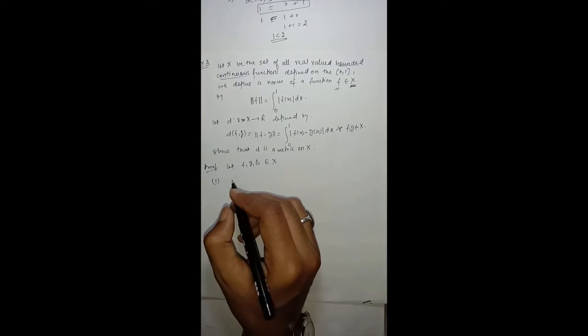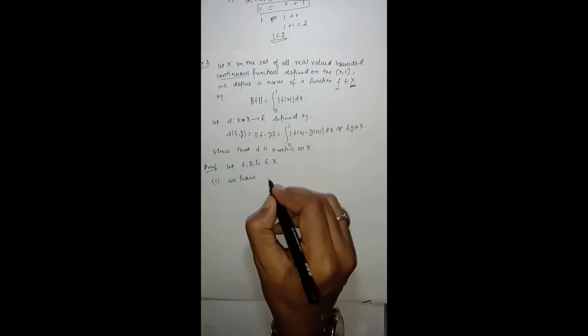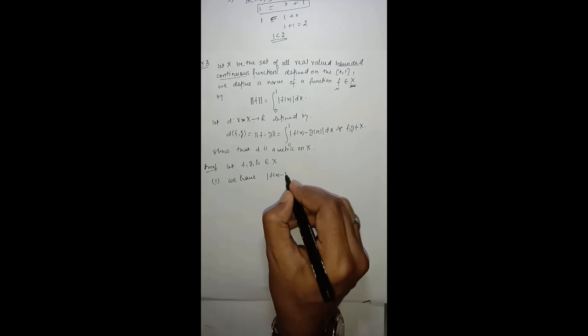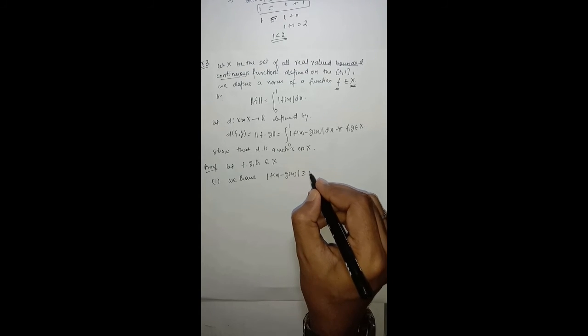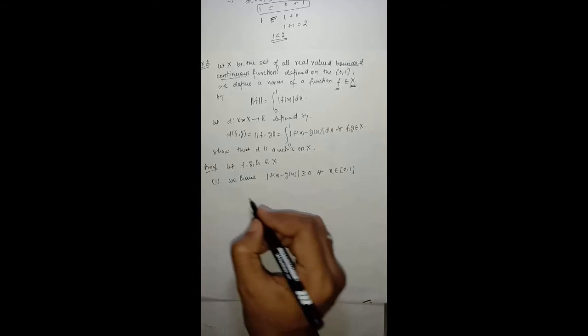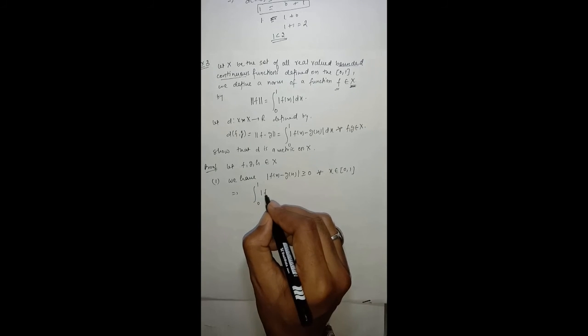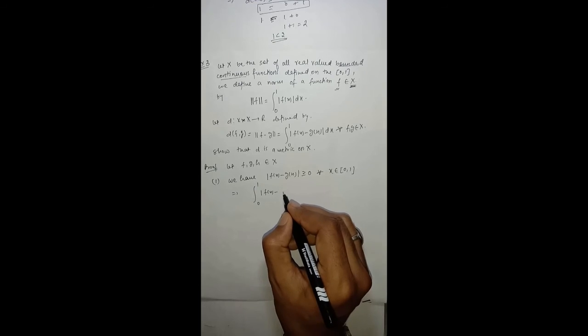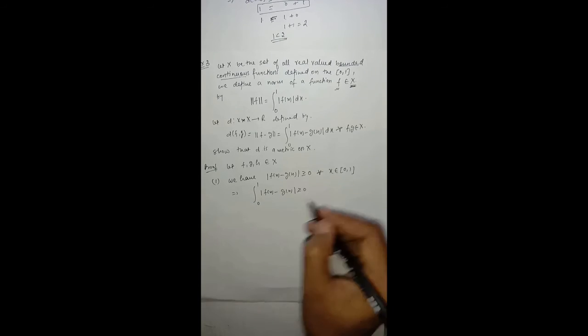Number one property. We have |f(x) - g(x)| is greater than or equal to 0 for all x belonging to the closed interval [0,1]. This implies the integral from 0 to 1 of |f(x) - g(x)| is greater than or equal to 0.